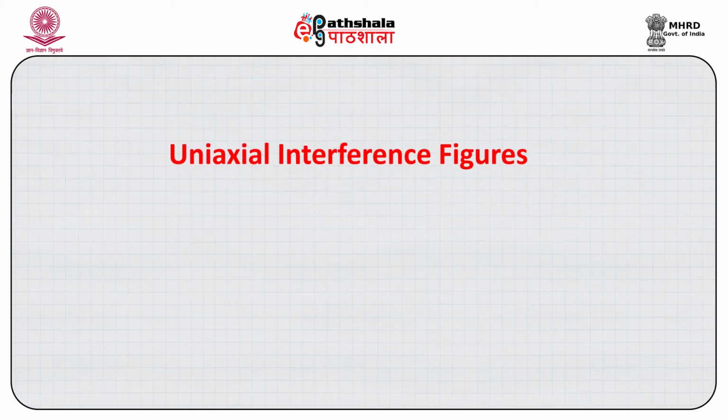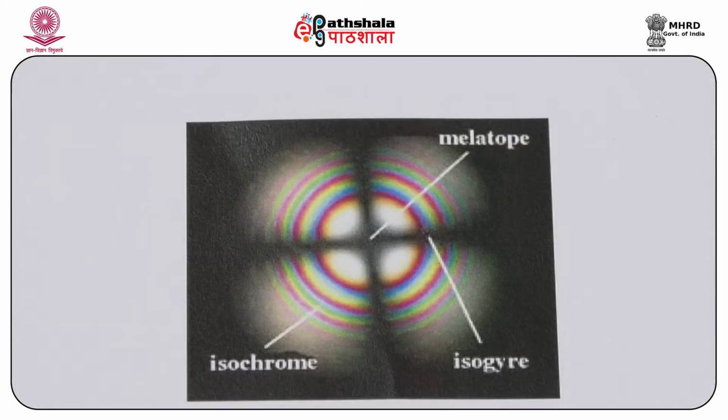The first is the optic axis interference figure, as can be seen in the diagram. A mineral section cut normal to the optic axis of a uniaxial mineral produces the simplest and most important interference figure.